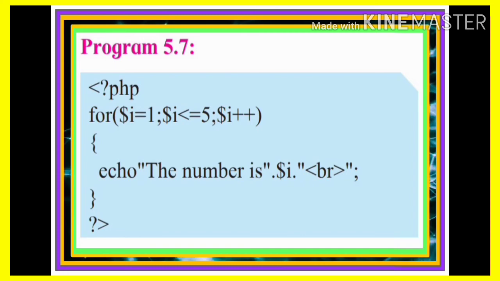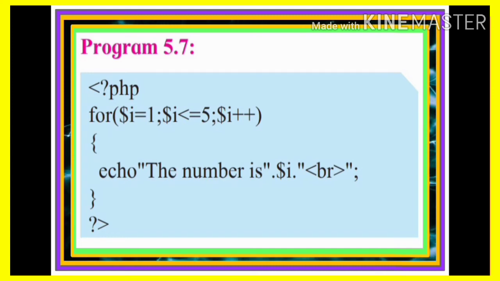Open the curly braces. In the next line write echo, in double quotes write the number is, double quote complete, dot. Here the dot operator is used to join the two parts. Write $i dot, in double quotes write br tag to display the output in the next line, semicolon.